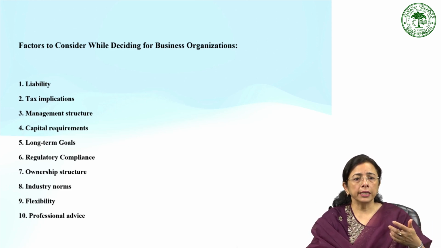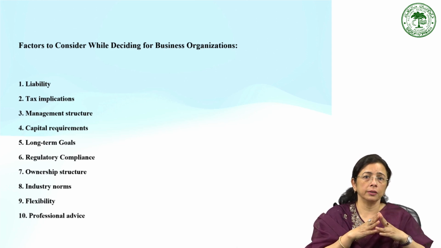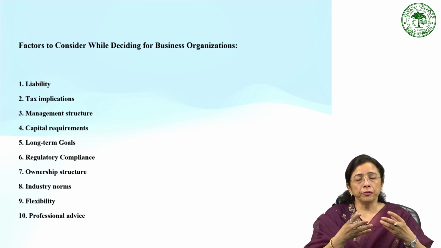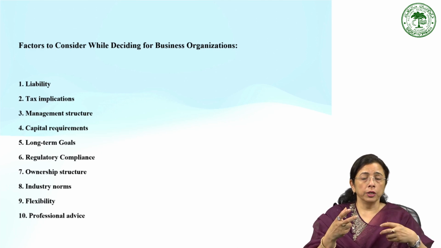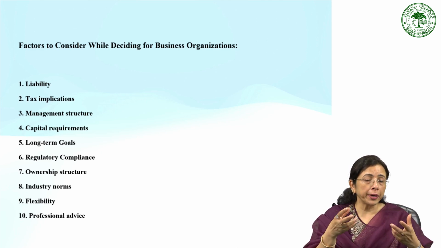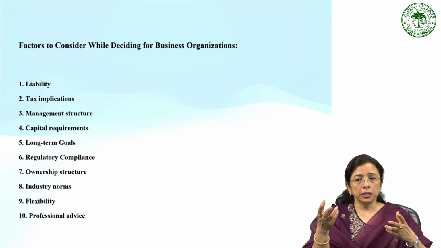Now coming to the next, that is the ownership structure. Ownership structure means how many and what types of owners you will prefer. If you want to be your own boss, maybe you will go for sole proprietorship, or if you want to keep just a few people, maybe partnership.